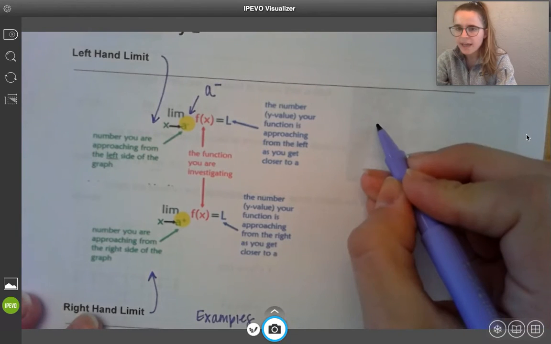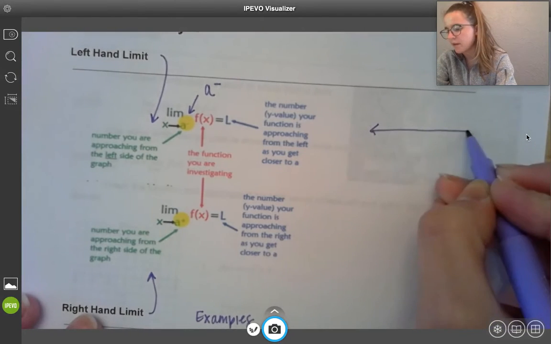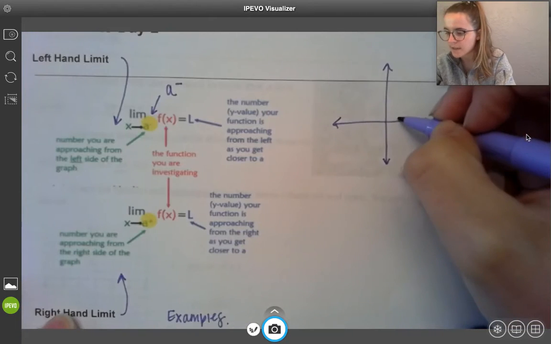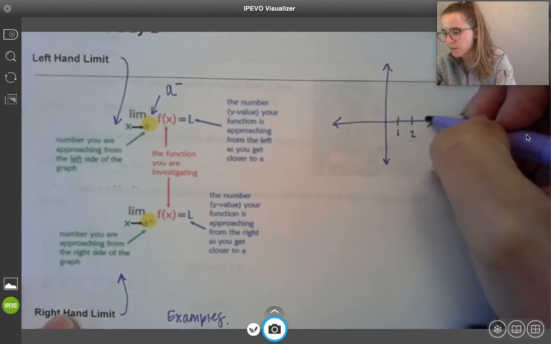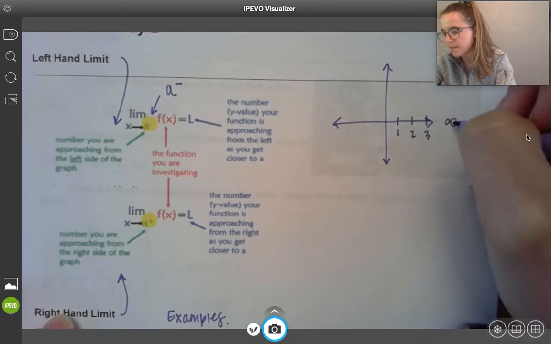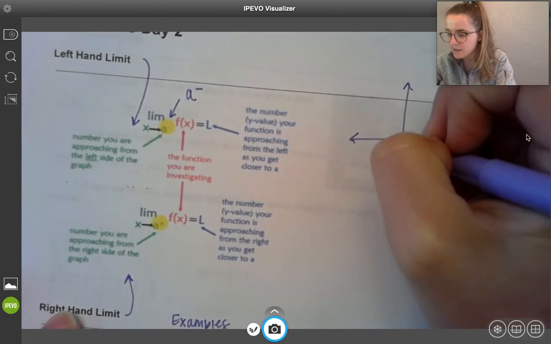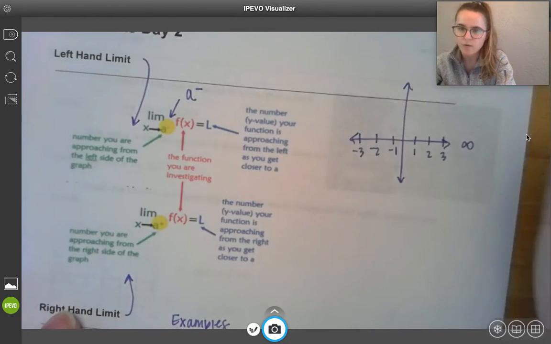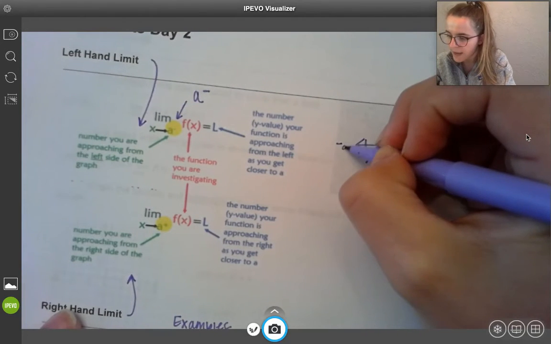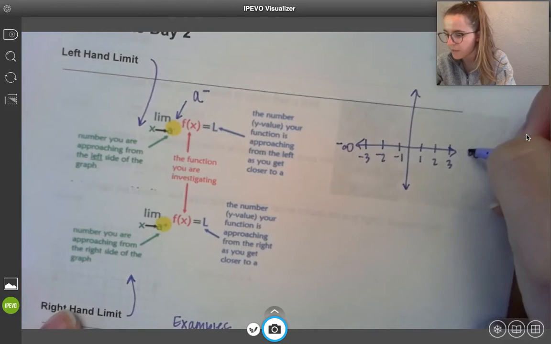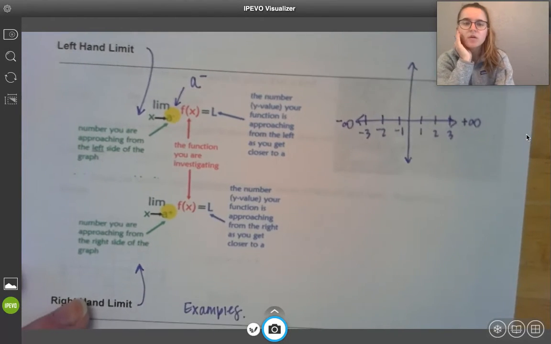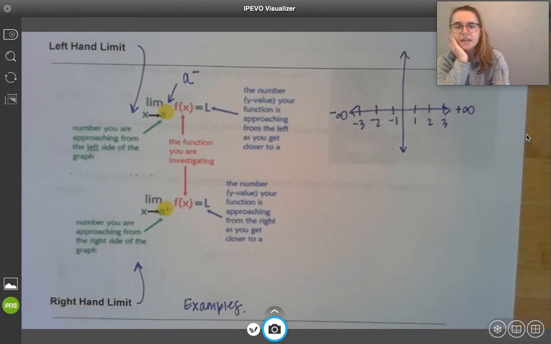If we were looking at a graph, it's a normal axis, it goes 1, 2, 3, on up to positive infinity. And then this goes -1, -2, -3, -4, all the way to negative infinity. I'm going to go ahead and put positive infinity here just so we know. The way to remember the minus for left-hand is because we're coming from the negative direction.